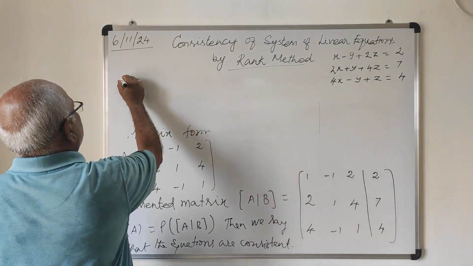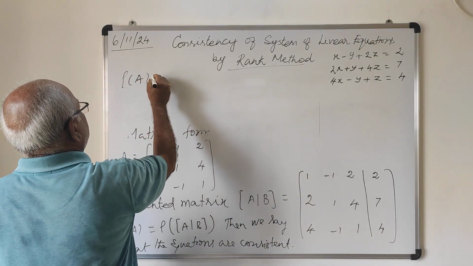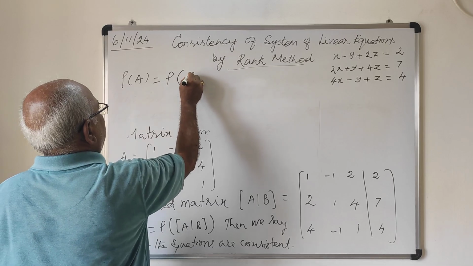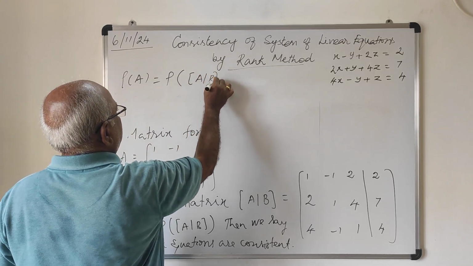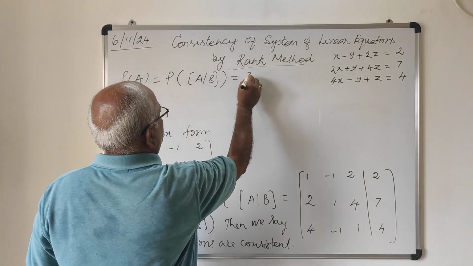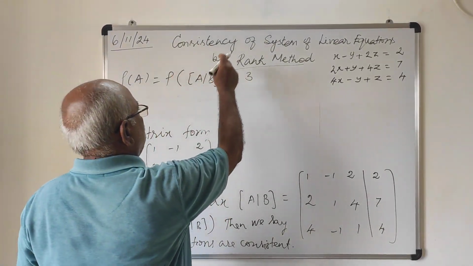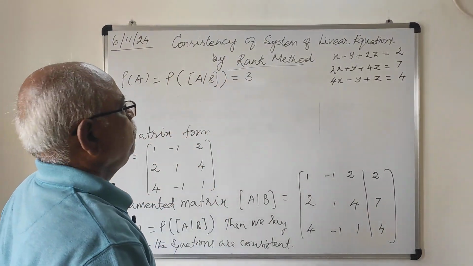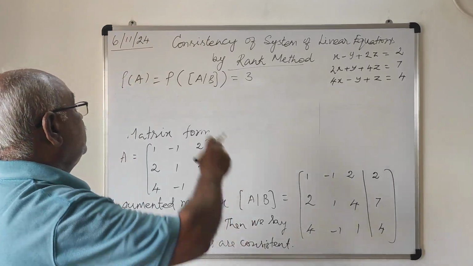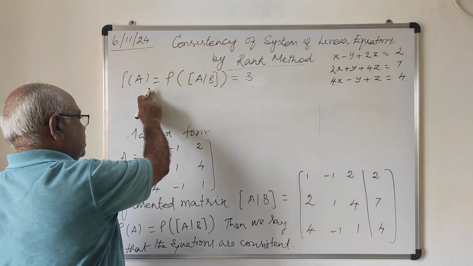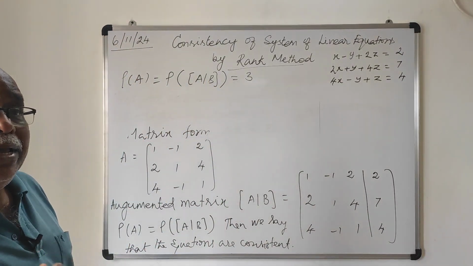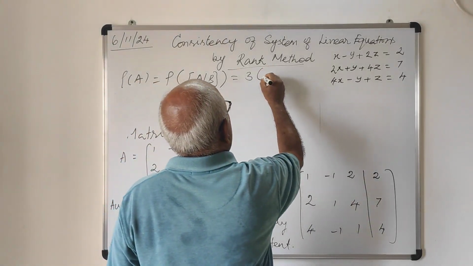Therefore, if the rank of the coefficient matrix A and the rank of the augmented matrix AB are equal to the number of unknowns, which is 3, then we say that the equations are consistent and also have a unique solution.